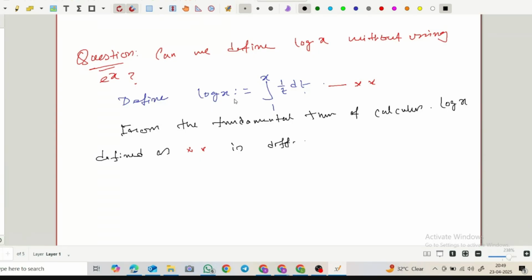It is one-to-one and everything else you can check. Just check log x equals log y, then you will realize x equals y. The question is, is it the inverse of e to the power x?